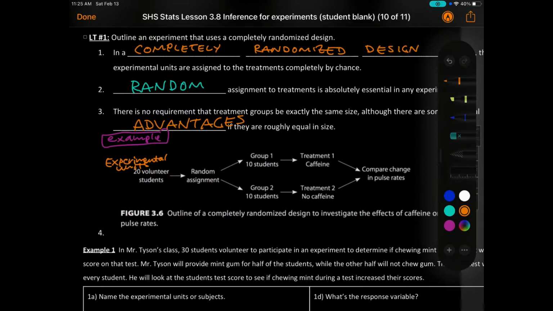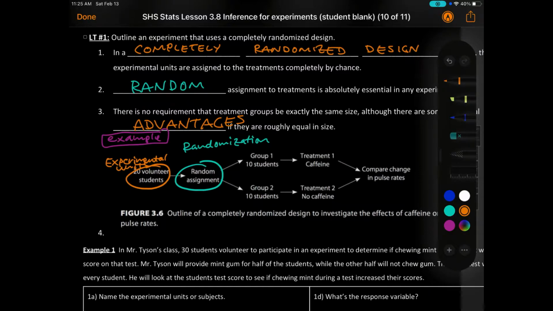These are our 20 volunteer students. And here you have the randomization. So experimental units in orange.